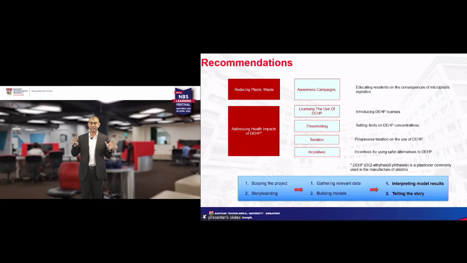So again, based on our industry partner and the target audience, we had to construct a variety of recommendations and pitch them, and we found that these would be the ones they would be most receptive to.